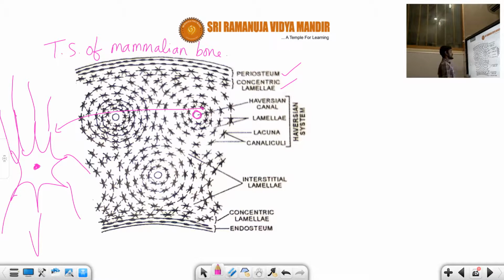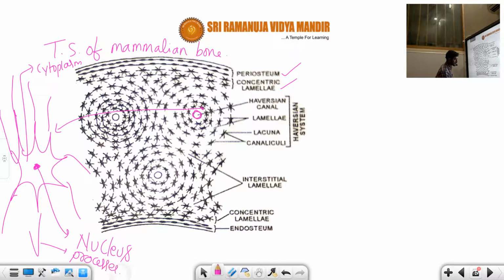So what does this mean? This is called the bone cell, students, and this is a nucleus, and this is the cytoplasm, and this part indicates the processes, the cytoplasmic process. So now I am drawing a magnification of one osteocyte or bone cell.